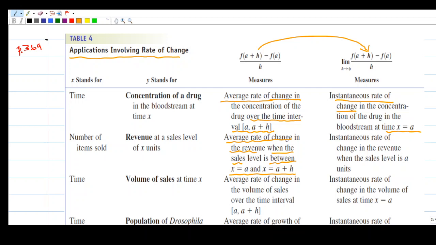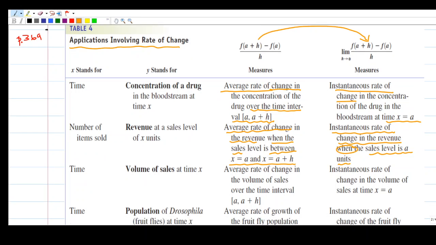If you take the limit as h approaches 0, then that measures the instantaneous rate of change in the revenue when the sales level is a units.